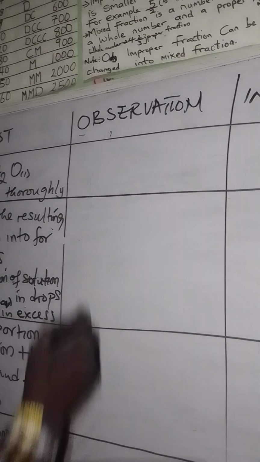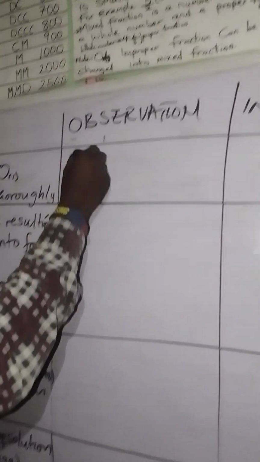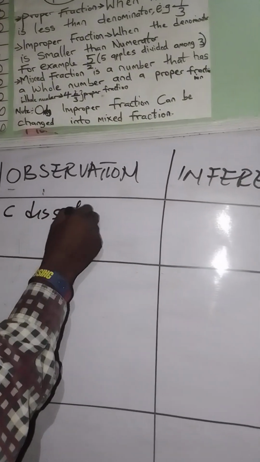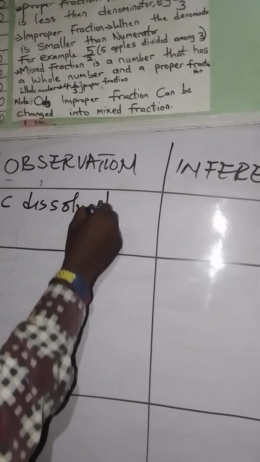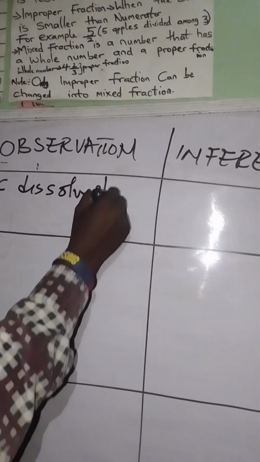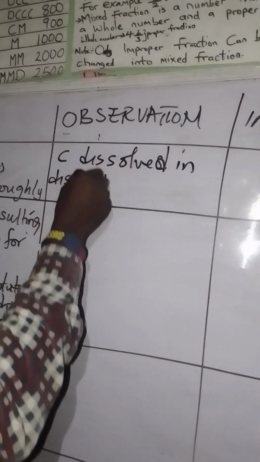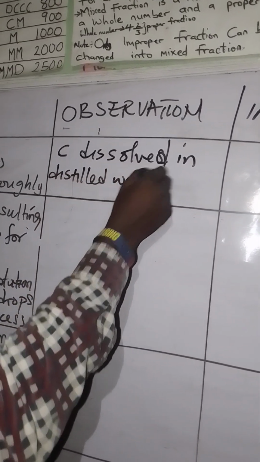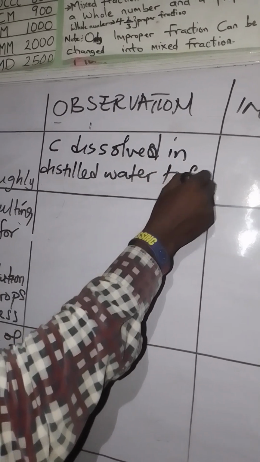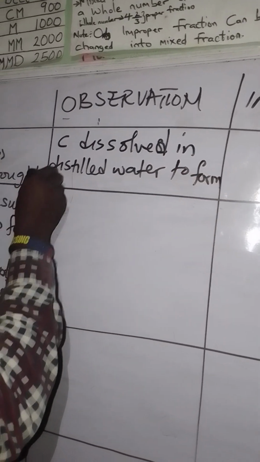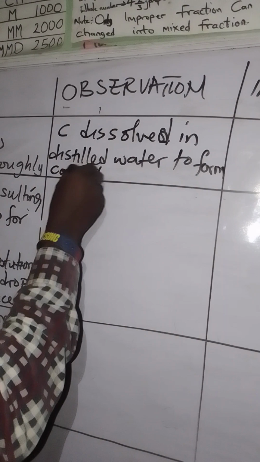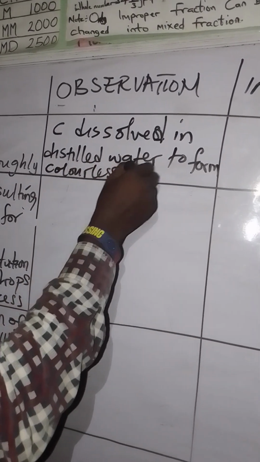So what do you now write here? You write, C dissolved, report in past tense, in distilled water to form colorless solution.